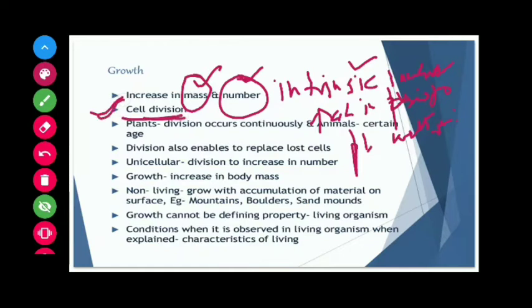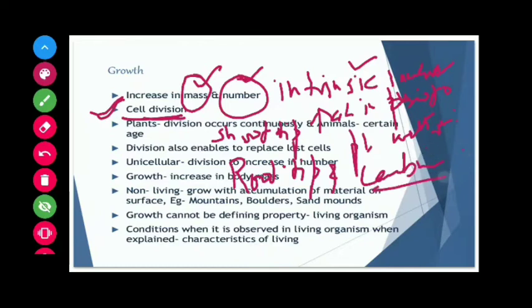They have certain regions like shoot tip, root tip and cambium, which have meristematic tissue, and that allows them to grow continuously throughout their lifespan.